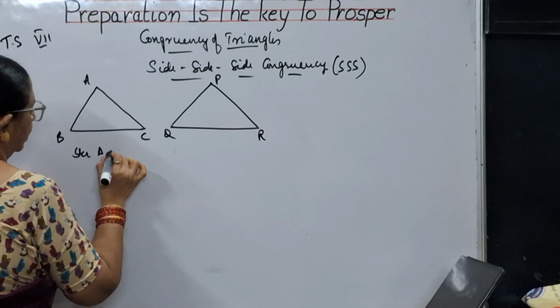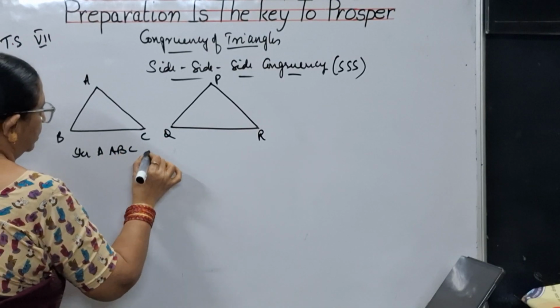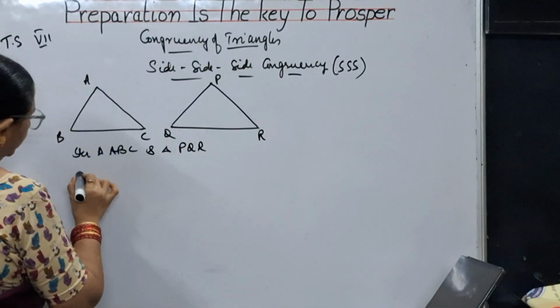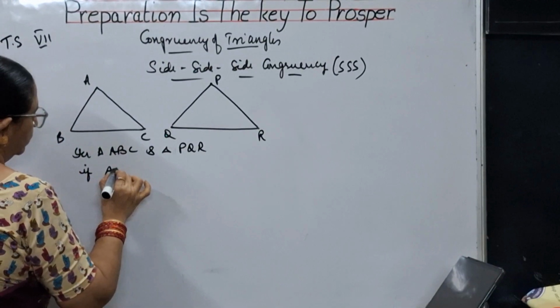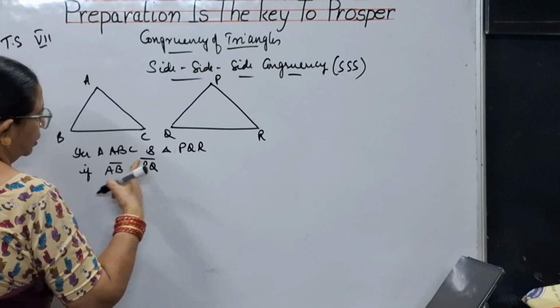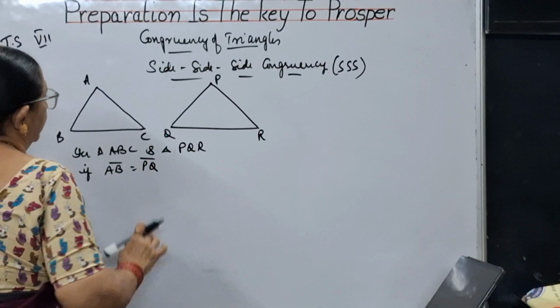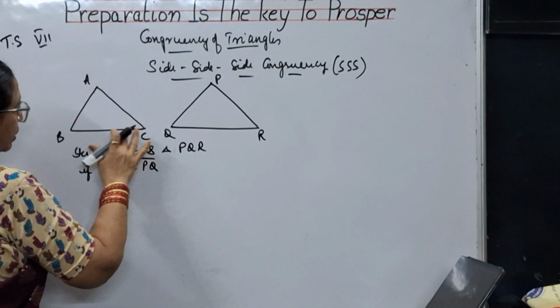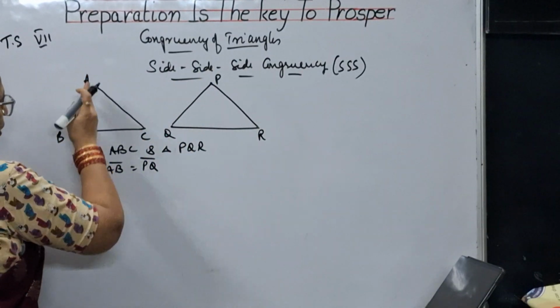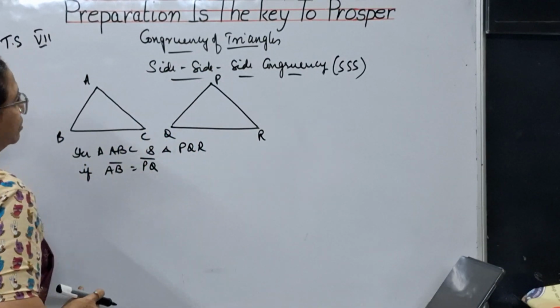In triangle ABC and triangle PQR, if AB is equal to PQ, this is the symbol that we will write for line segment, children. AB is the side of triangle ABC, PQ is the side of triangle PQR. AB and PQ are the corresponding sides.